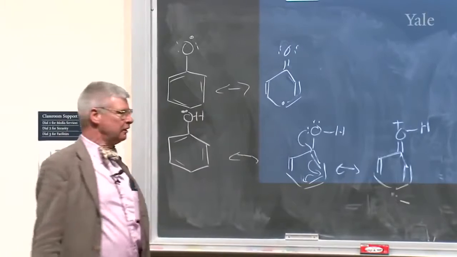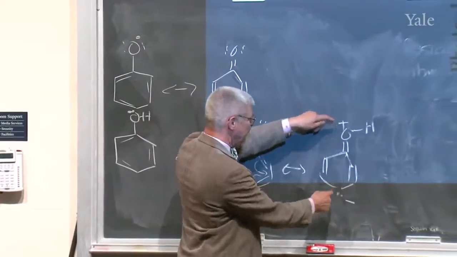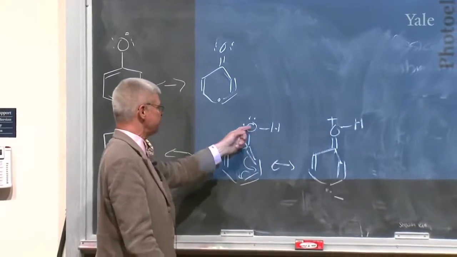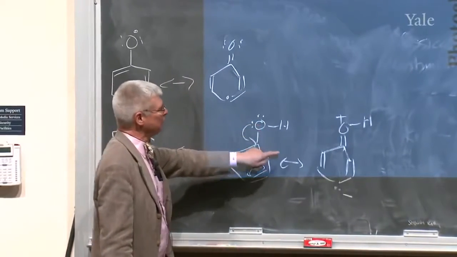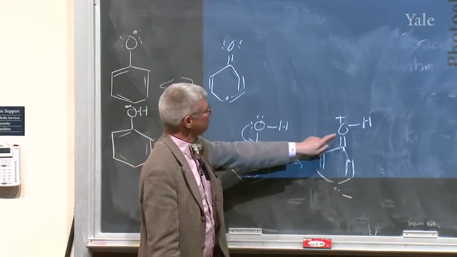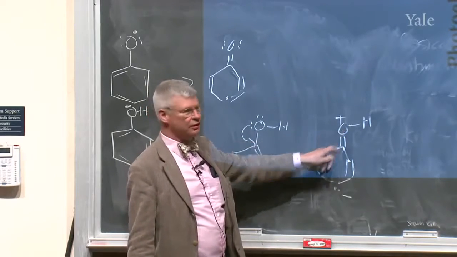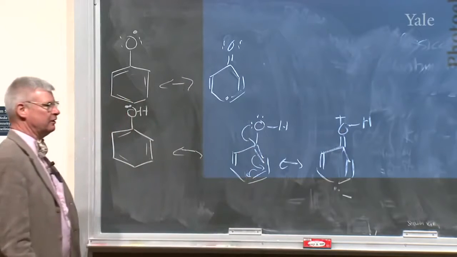I don't like that. I don't like the fact that as the electrons migrate down, the oxygen is going to become positively charged. So, geez, I just would never do that.